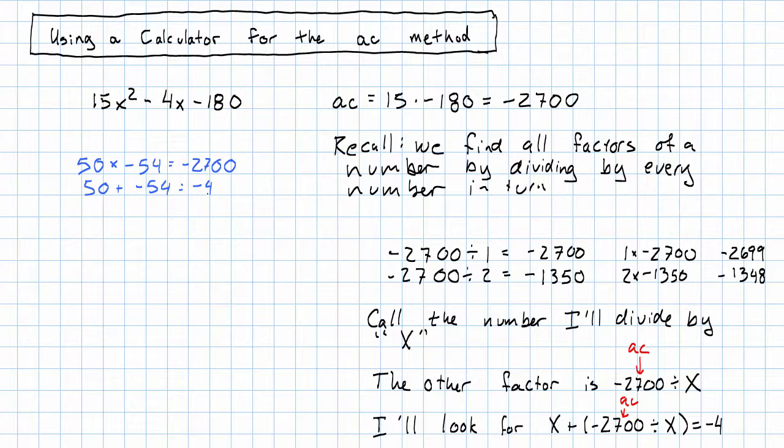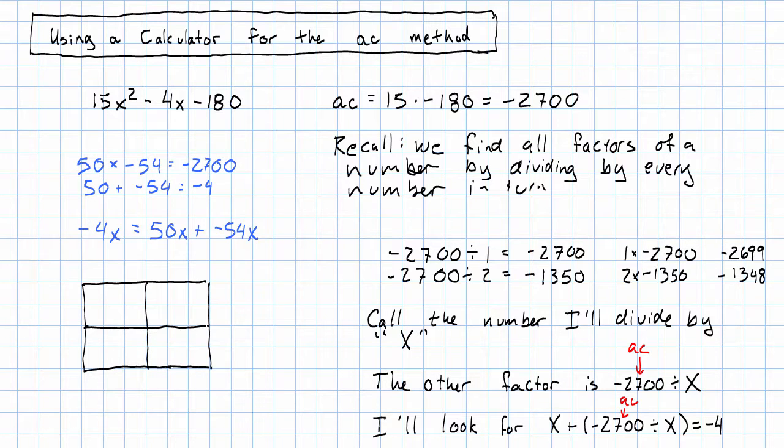So I'm going to split up my negative 4x as 50x plus negative 54x. And now I'm going to set up my box to use the area method to factor. My x squared term is 15x squared.